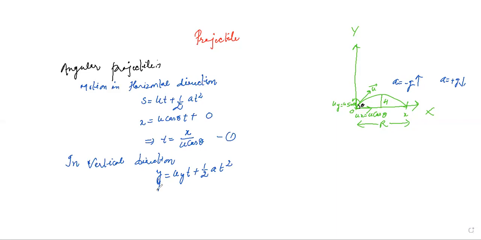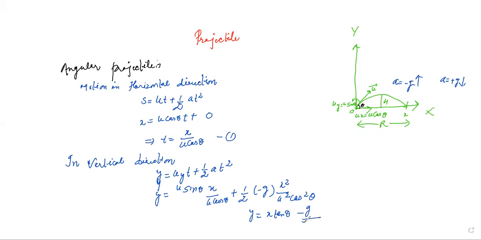Therefore y equals u sine theta, instead of t we use x over u cos theta, plus half into minus g into t square. That means x square over u square cos square theta. By simplifying this we get y equals x tan theta minus g over 2 u square cos square theta into x square.